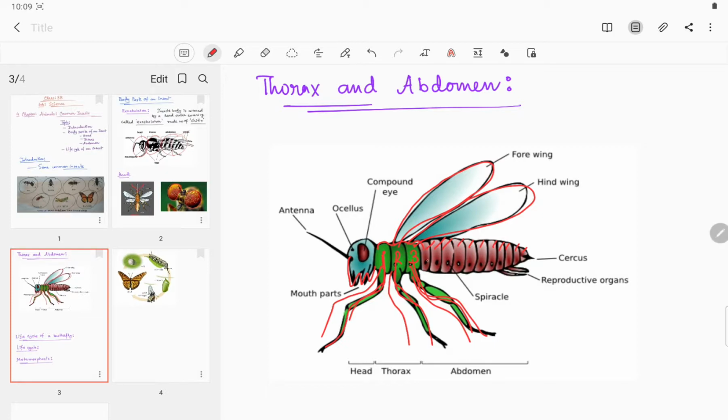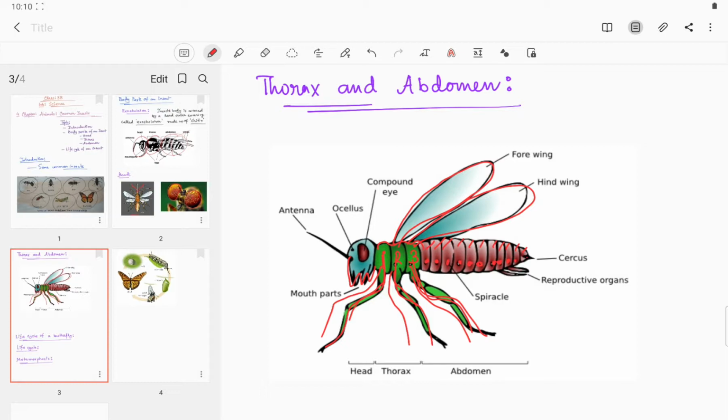In this picture you can see this is a hole, through which an insect can breathe. These holes are called spiracles, right?